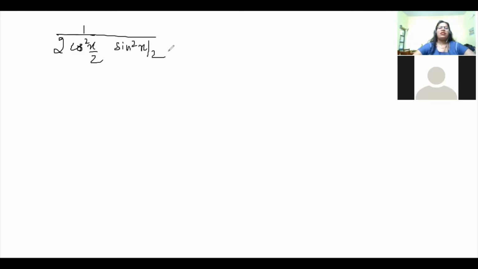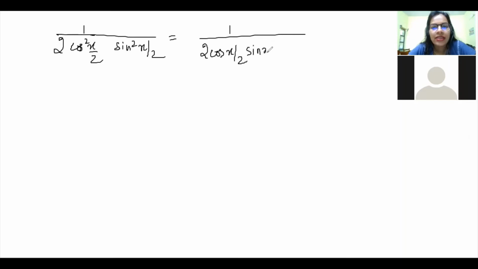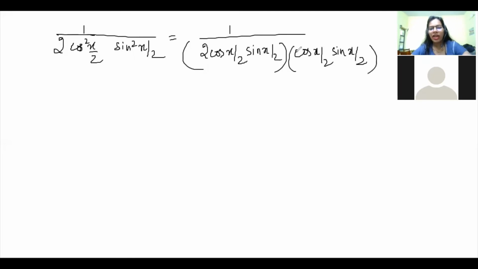Okay. So what will I do? Just look over here. 1 by 2 cos x by 2 sin x by 2. Can I write like this? What I have done is I have taken 2 cos x by 2 sin x by 2 together. So what will this become?